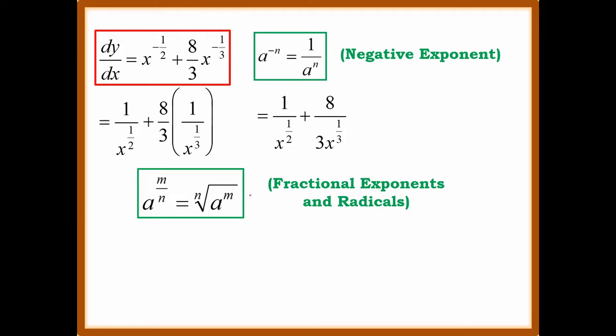So, what happened? When I have a certain variable raised to a fractional exponent, m over n, I can transform it from exponential to radical form. What happens is, m becomes the exponent of a, so this is a raised to m. Then the denominator becomes the root of our radical.